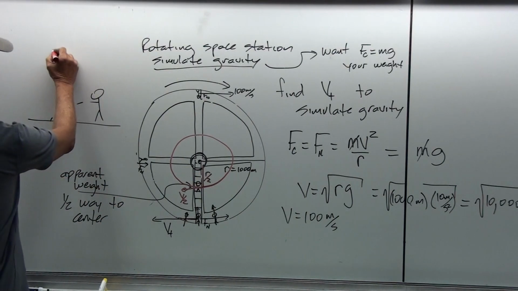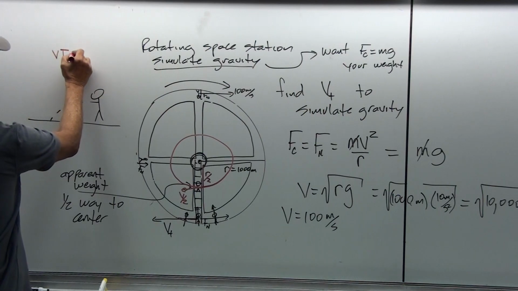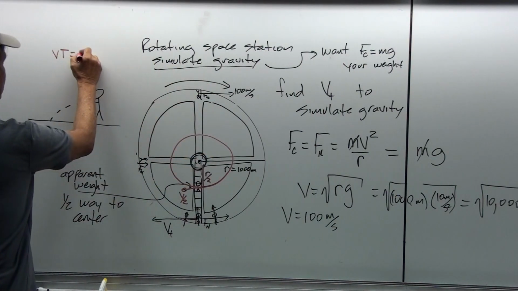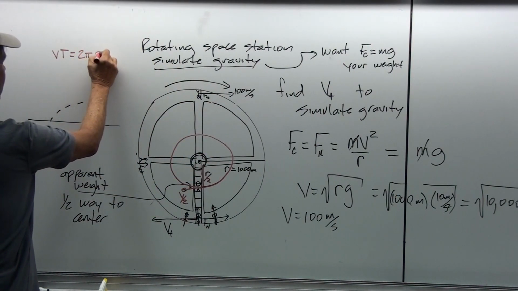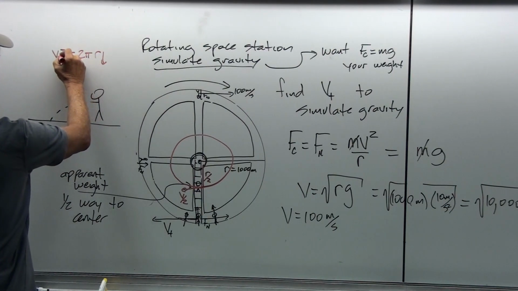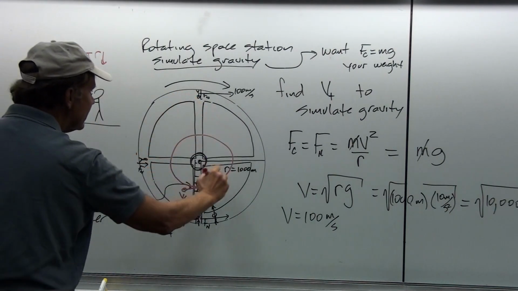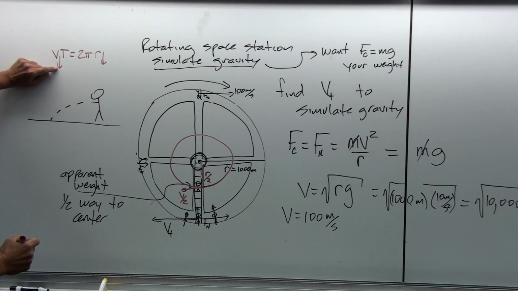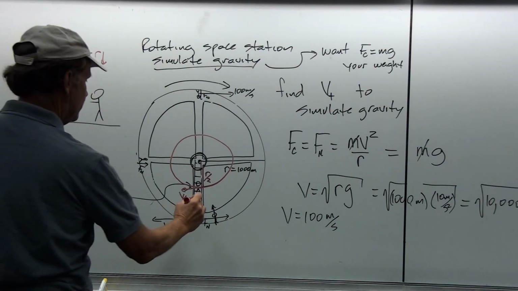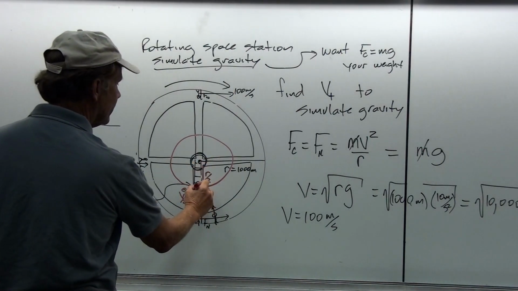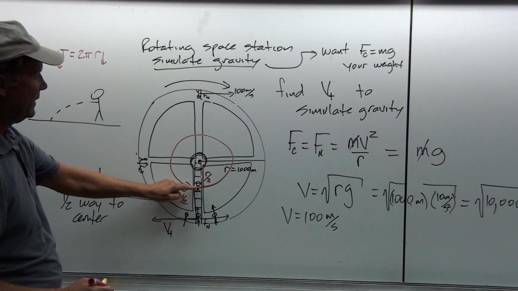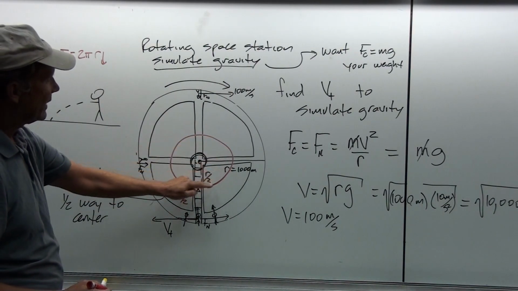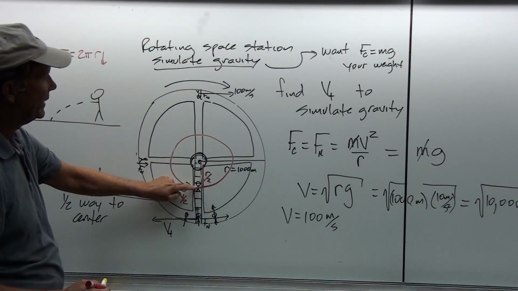So the velocity times the time, that's how long it takes to go around once, equals 2 pi r. So if r goes down by a factor of 2 and the period stays the same, it means that v goes down by a factor of 2. So that means we're at v over 2 when we're at r over 2. Half the speed, half the distance traveled in the same amount of time.